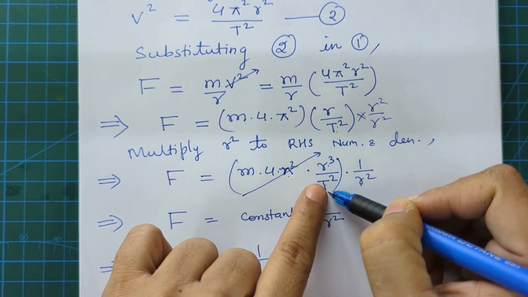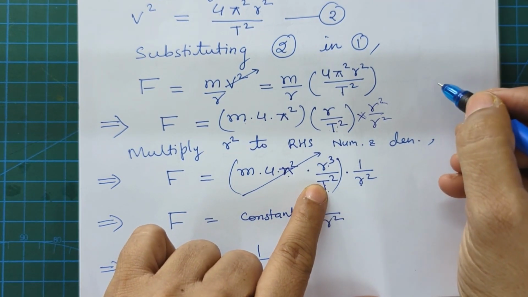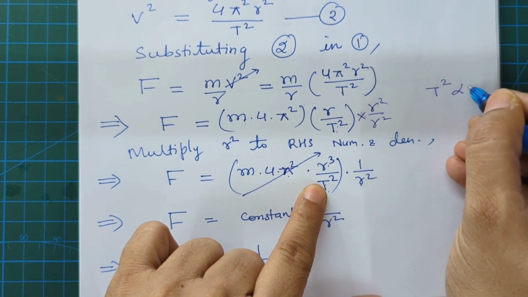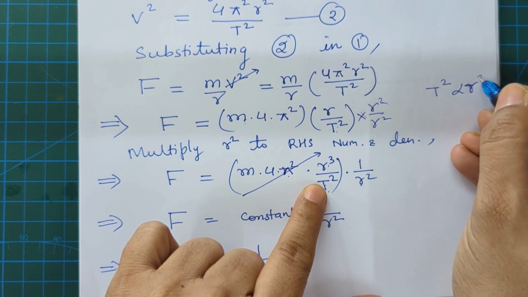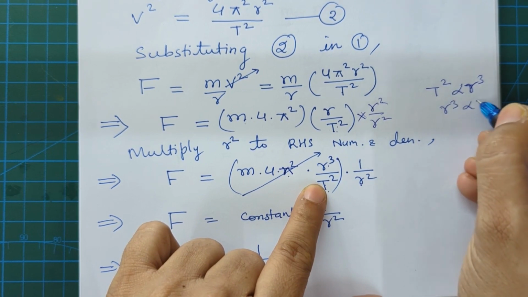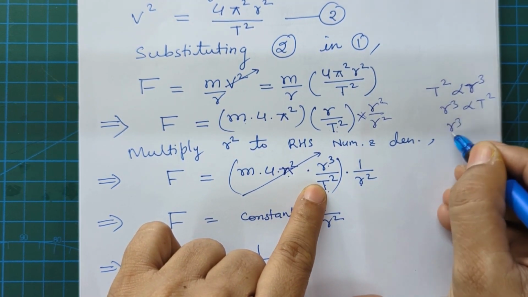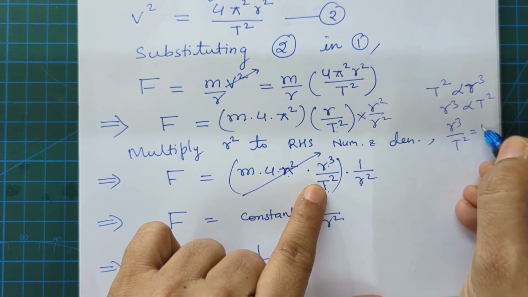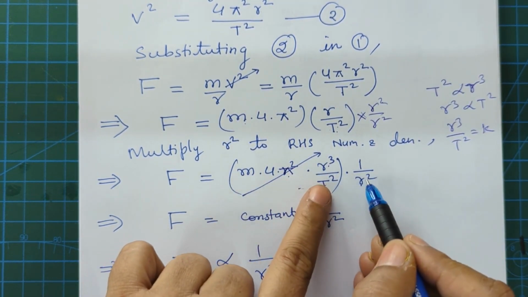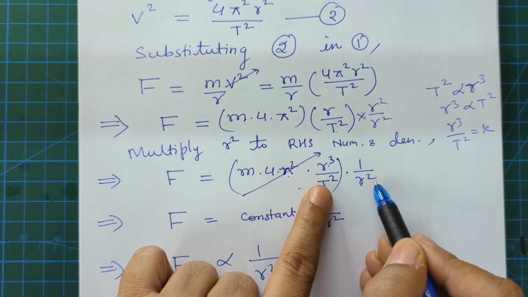R cube by t square is also a constant by Kepler's third law. Kepler's third law is t square directly proportional to r cube. So, you can write r cube proportional to t square, or r cube by t square is a constant. So here these all are constants, and 1 by r square stays outside.